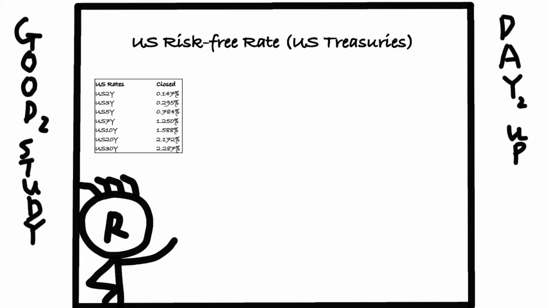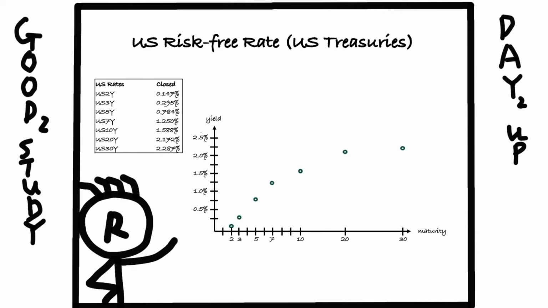Now, if you plot these numbers and connect those dots, you get the yield curve. If you want to learn more about the yield curve, please click the link above. This basically represents the US risk-free rate. Now you may notice that risk-free rates are actually different across different countries. Why is that?